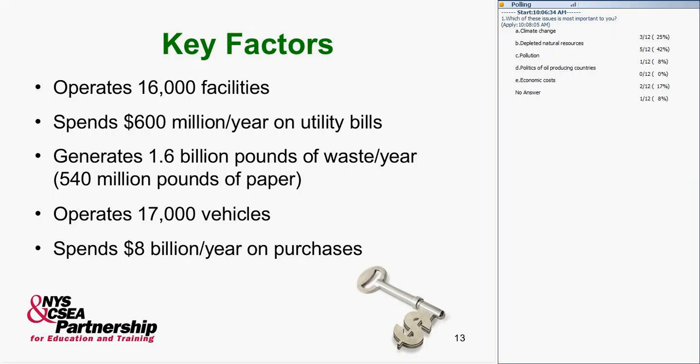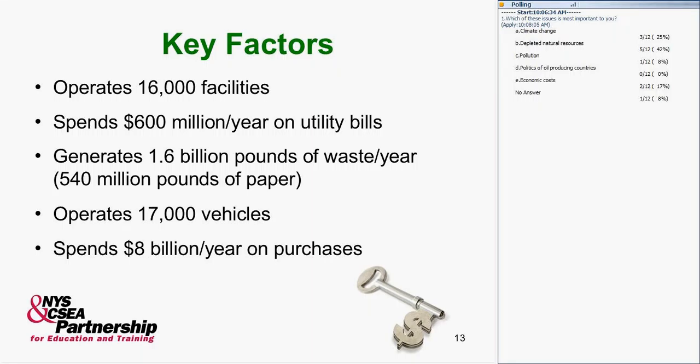So if you want to run vehicles on an alternate fuel, if you wanted to run them on natural gas or on electric, it's pretty simple to set up one station to work from, one natural gas station, and drive everything out. Also with 17,000 vehicles, savings per vehicle becomes really significant. And they spend $8 billion a year on purchases.